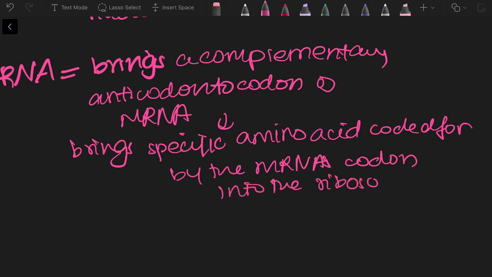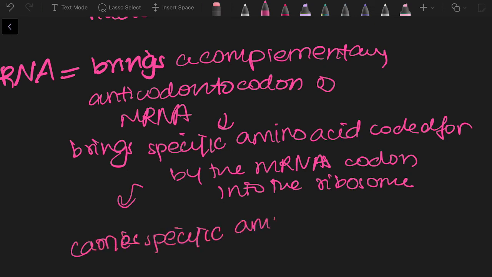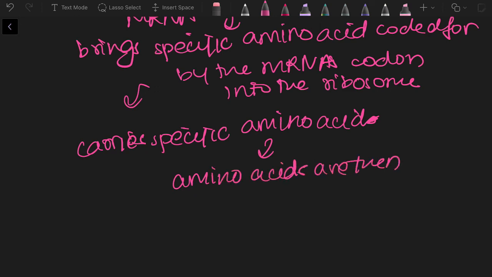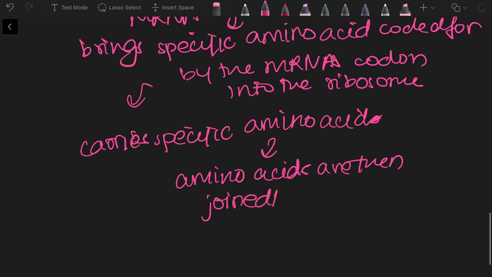Basically it carries a specific amino acid, that's the main part, and then these amino acids are joined by peptide bonds through condensation reactions.